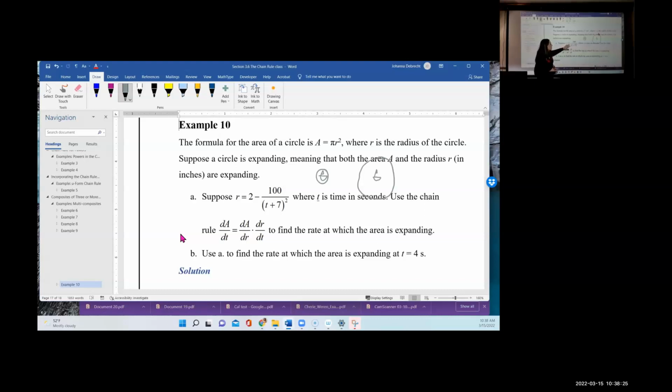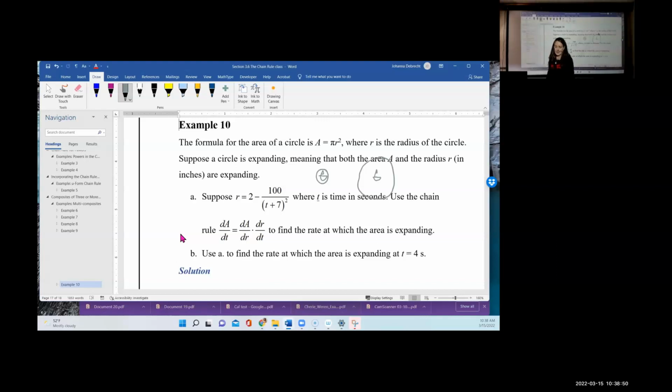We want to suppose the radius is given by the formula 2 minus 100 over the quantity t plus 7 squared, time in seconds. We're going to use the chain rule to find the rate. That's why this is called a related rate at which the area is expanding. All right. And then we want to find the rate at which the area is expanding at 4 seconds.